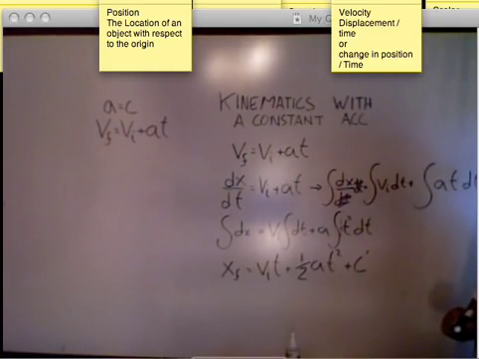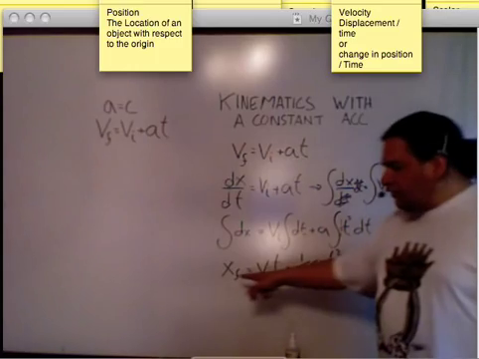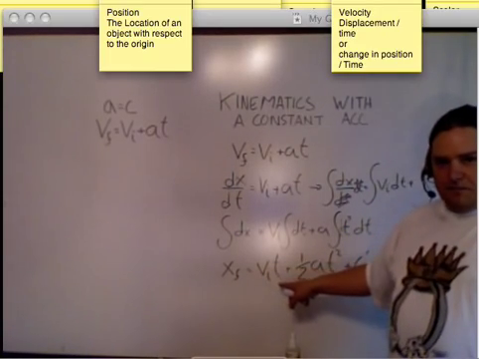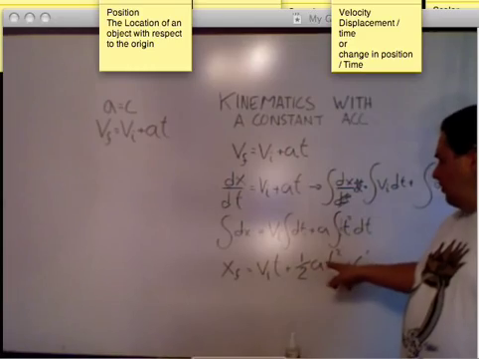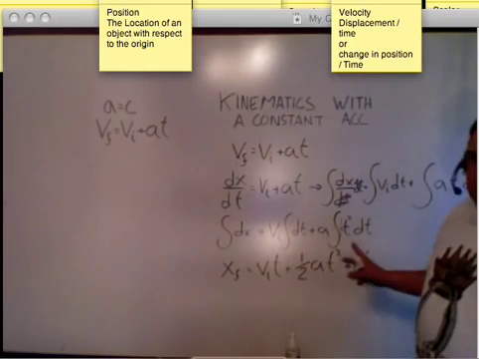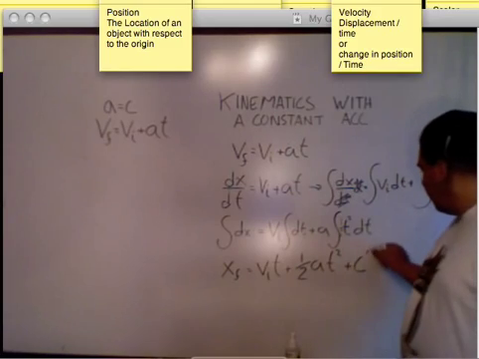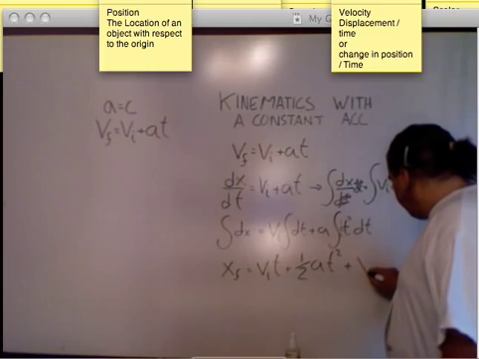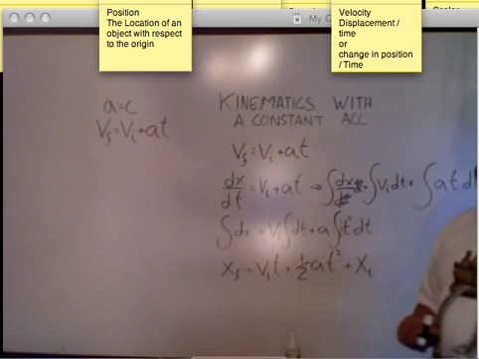So x final is equal to the initial velocity times time plus 1/2 the acceleration times time squared plus a constant. Using the same logic we did with velocity, I know that constant is going to be the initial position.